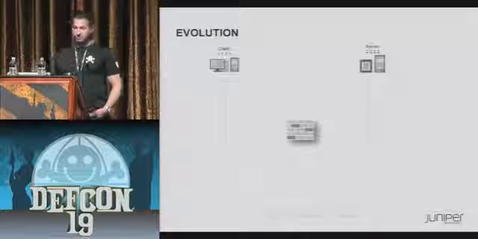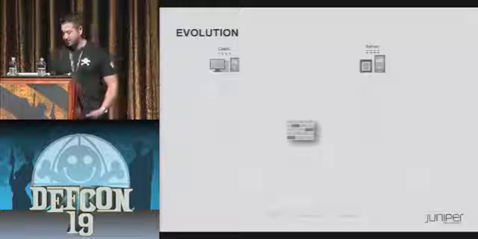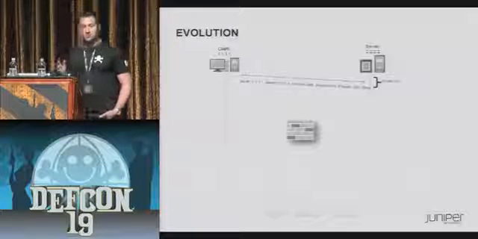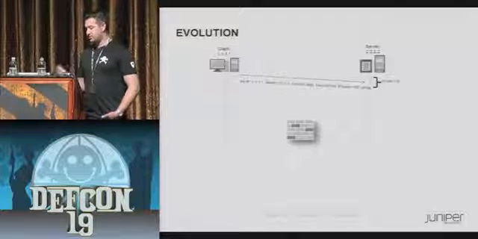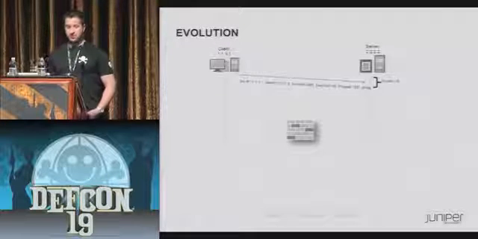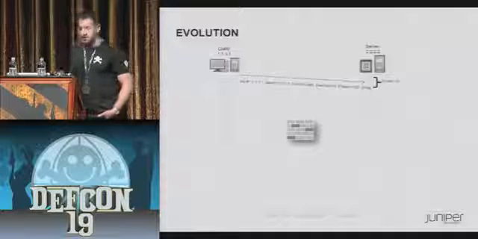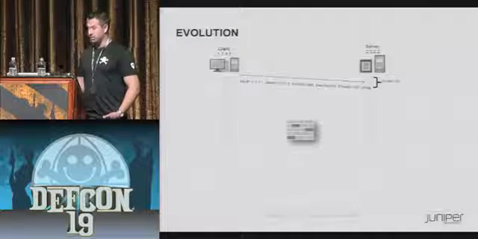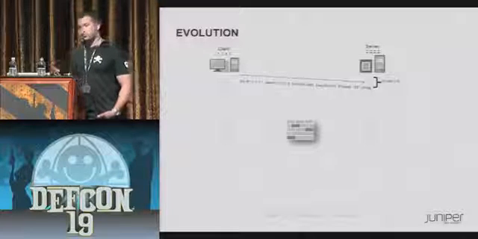So let's talk about the evolution of network security. First, we had stateless packet filters, known as ACLs. These were some of the first generation of access control on networks at the network layer. They were traditionally implemented on routers, and could also be done on switches.